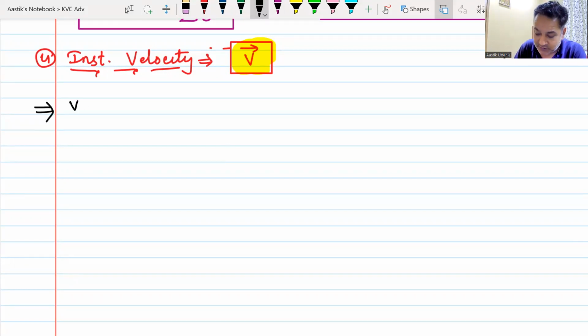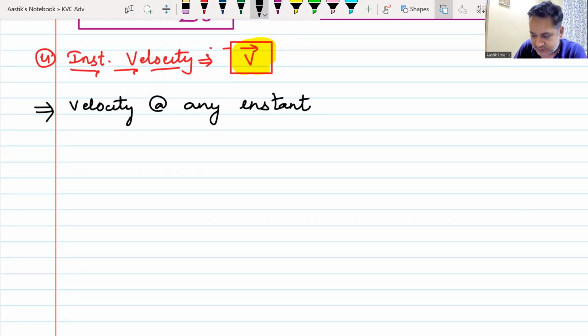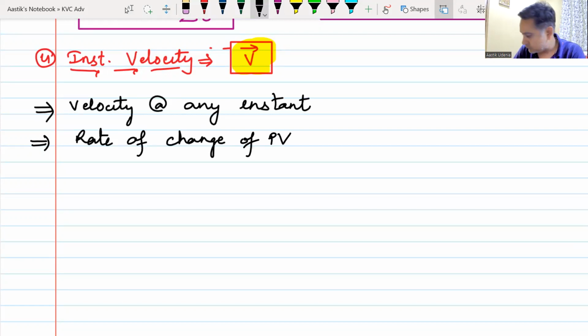So we can call it velocity at any instant. We can also call it the rate of change of position vector with time.